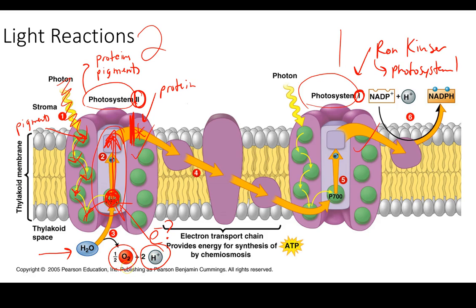It says 1/2 because it's 1/2 of O2. So 1 oxygen atom and 2 hydrogens. And guess what happens to the electrons in the hydrogen? They're the source of those replenished electrons. So far, so good? So why do you need water? To replenish electrons in photosystem 2.